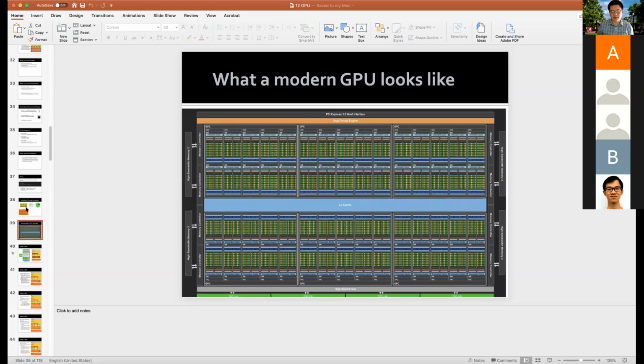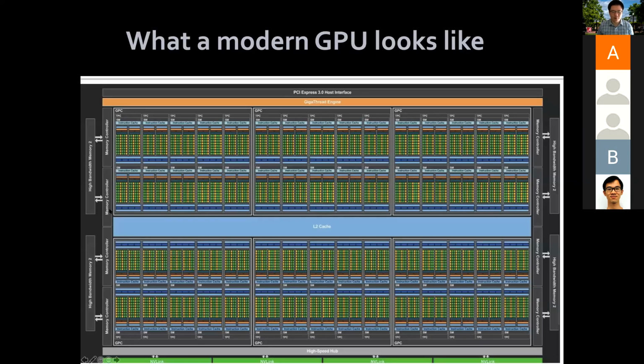And this is the GPU architecture I introduced last week. For each GPU, you have multiple streaming multiprocessors, right? SM means streaming multiprocessor.